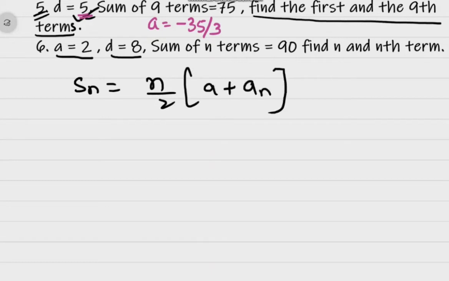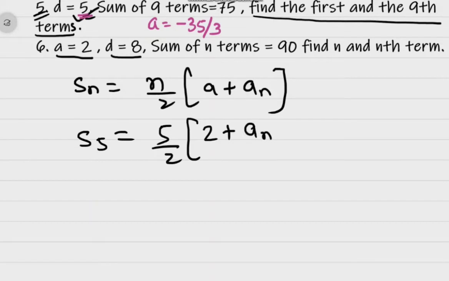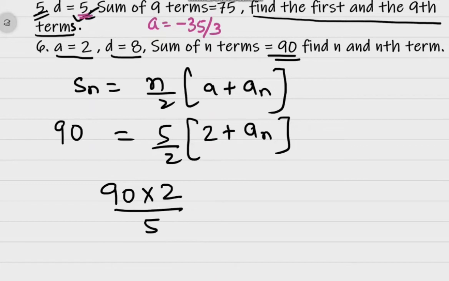Now, what is your n? n is equal to 5. You have just calculated. So S5 will be equal to 5 by 2 into, how much is your a? Your a is equal to 2 plus an, which is not known to you. And S5 is equal to 90, so simply in the place of S5 you put 90. Now if you do the next step, 90 into 2 by 5 will be equal to 2 plus an.